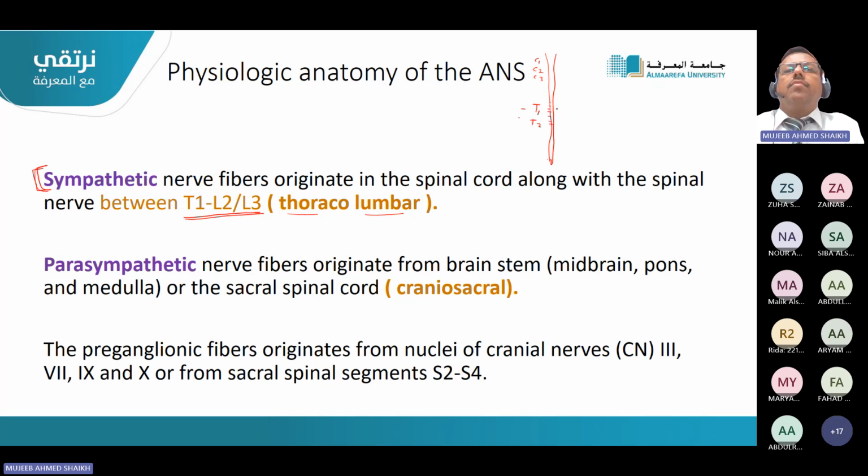So the area of the spinal cord in the thoracic segment, between T1 to lumbar. After thoracic, there is an area called the lumbar division. Then there is a sacral division. So from T1 till L2 to L3, these nerves are coming out.